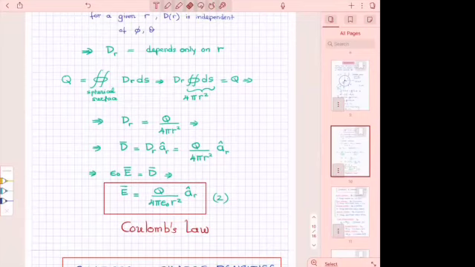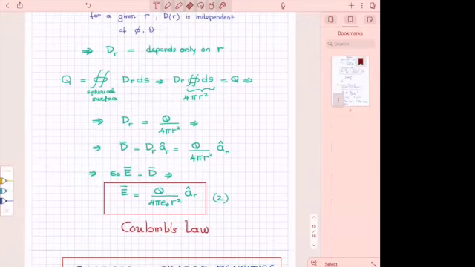This is true because all of the formulas we are using are reciprocal. When you go from one formula to another, you can reciprocate. If from Coulomb's law you find Gauss's law, then from Gauss's law you can find Coulomb's law, all right?